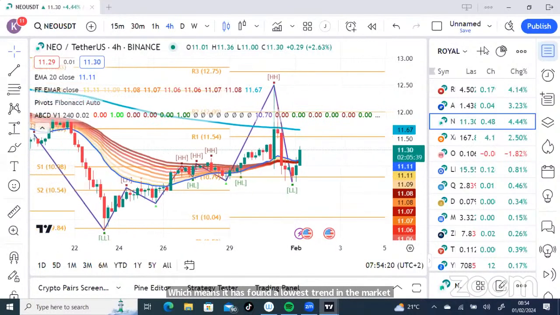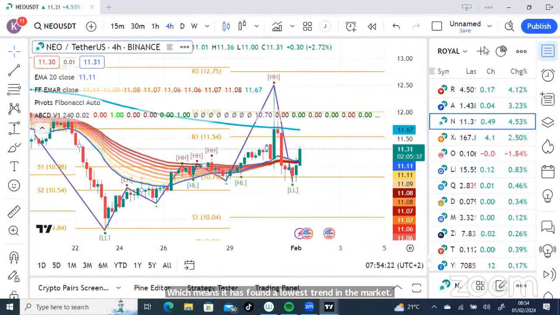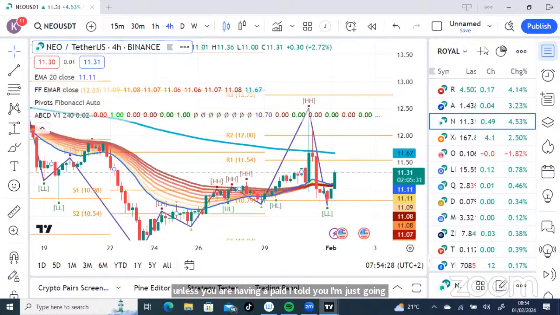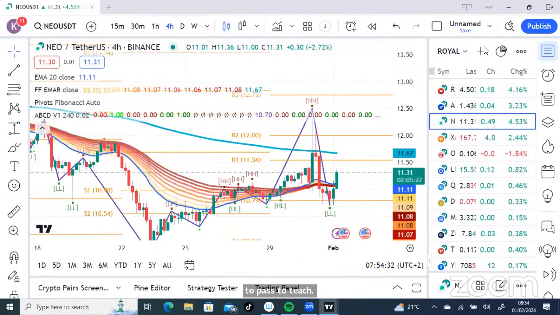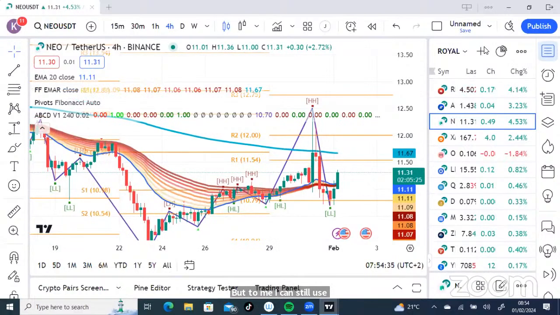Now, I'm not saying you combine all these at once, because unless you have a paid version, I told you I'm just going to paste to teach, but me, I can still use the free version. The lower low has been formed. A red candle has closed above our pivot. A green candle has confirmed. Now we see a strong green candle.